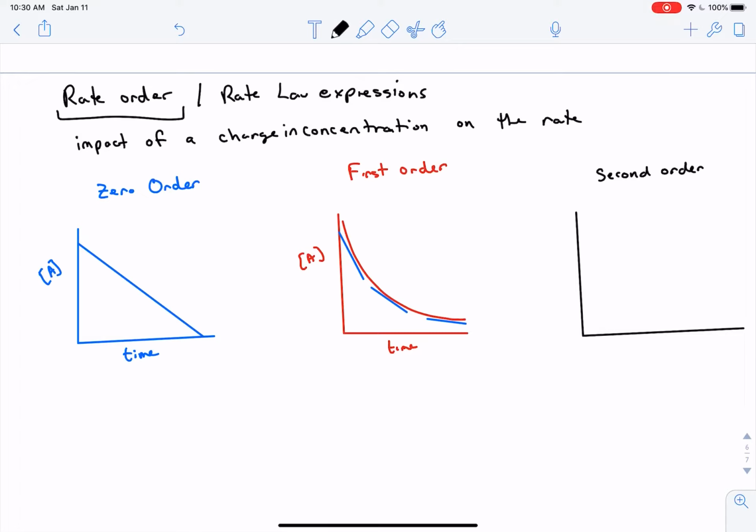So therefore, the curve will look much steeper than the first order. So the rate at which the rate of reaction changes happens much, much more quickly. And I'll tell you a trick to differentiate between those two in a little bit. Okay.